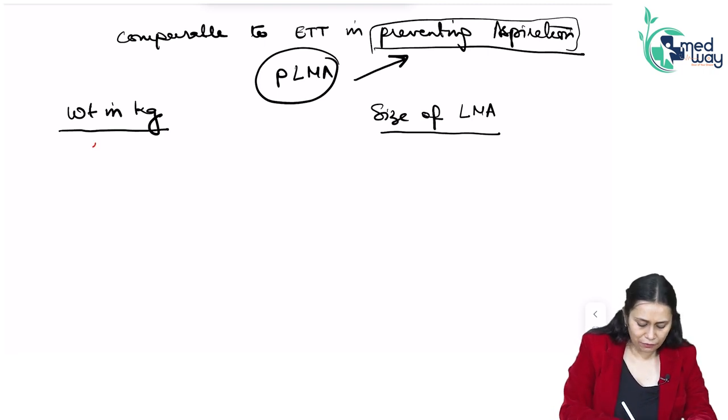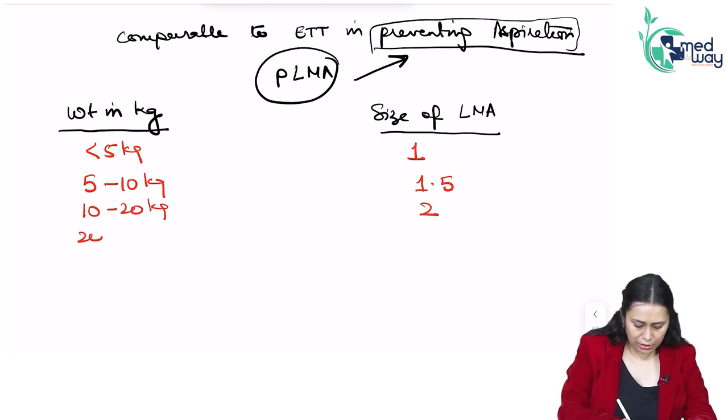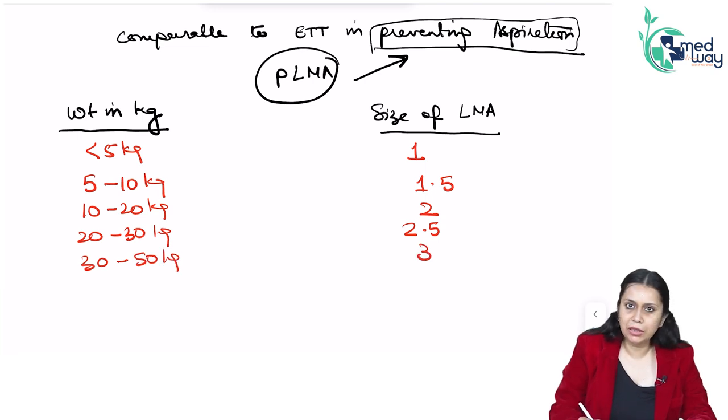Less than 5 kg, we have size 1. 5 to 10 kg, we have 1.5. 10 to 20 kg, we have 2. 20 to 30 kg, we have 2.5. Then 30 to 50 kg, we have size 3. 50 to 70 kg, size 4.